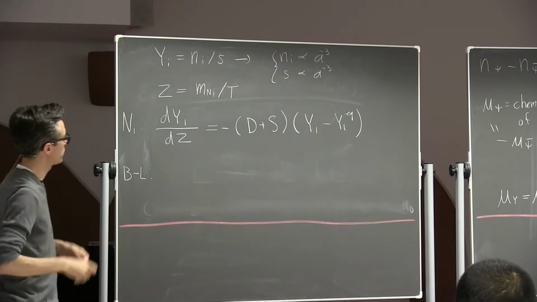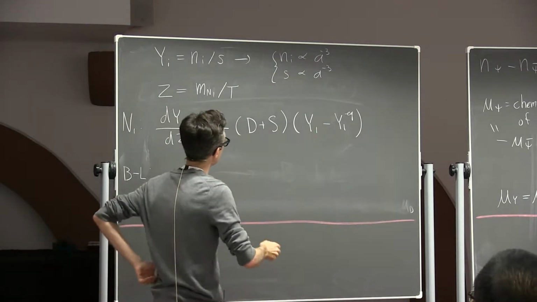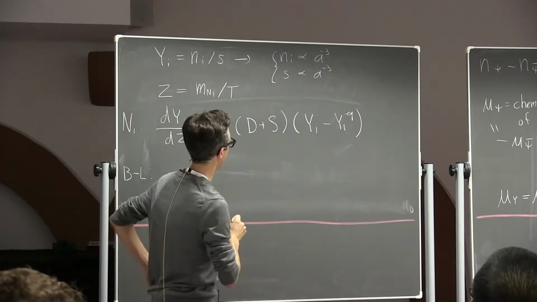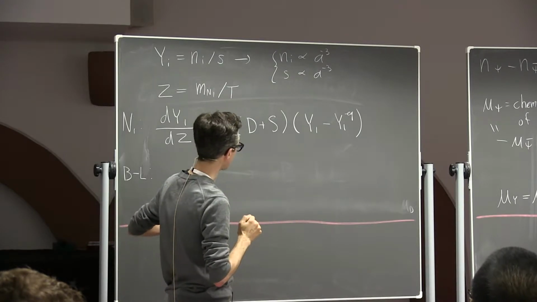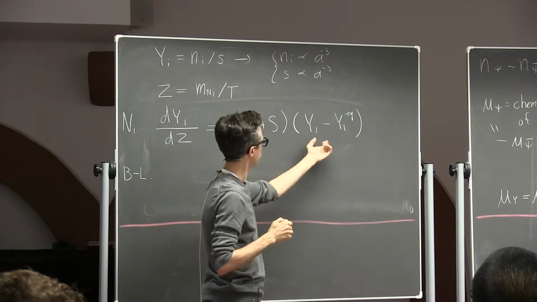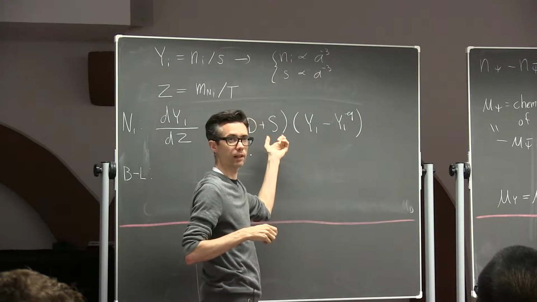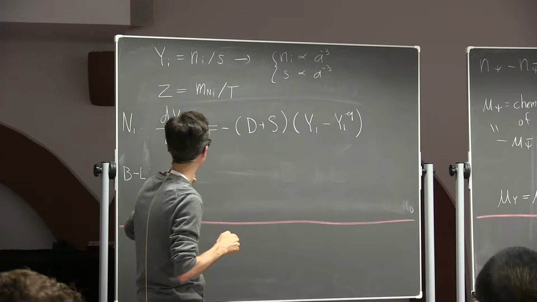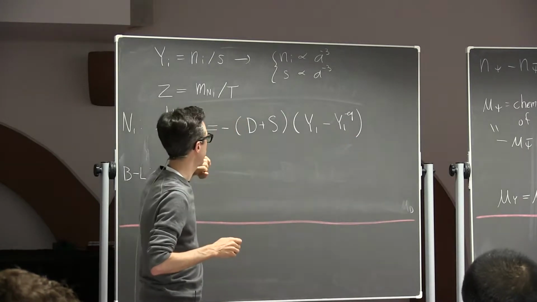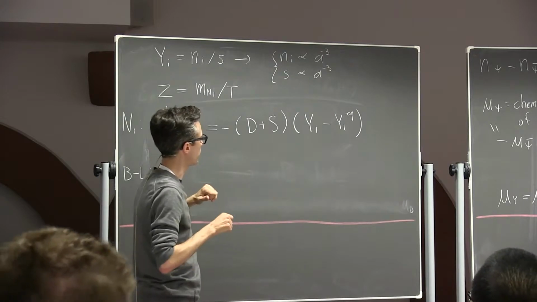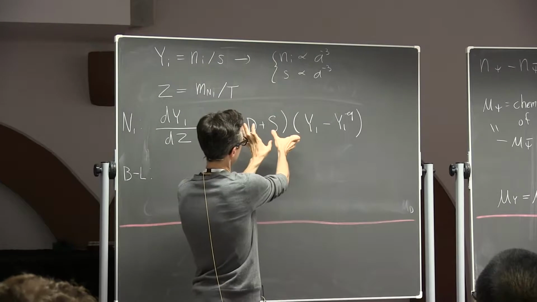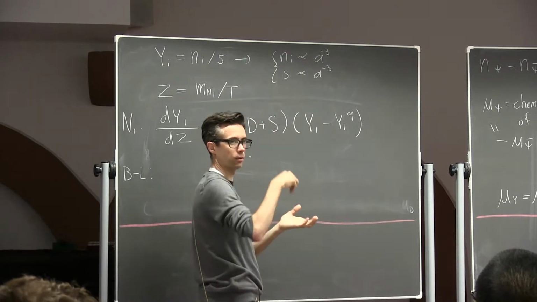So what this equation says, up to this coefficient that I'll get to in a second, is that if I differ from the equilibrium value, and this coefficient isn't too small, I tend to asymptote to the equilibrium value. On the other hand, if I try to put a bunch more N1 states in than equilibrium, this reaction is going to tend to push the N1 density down.